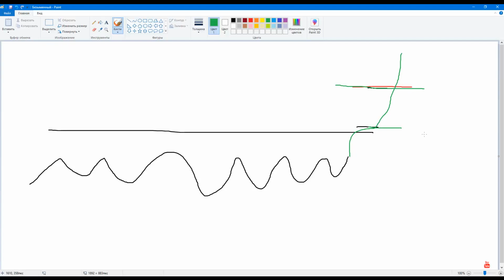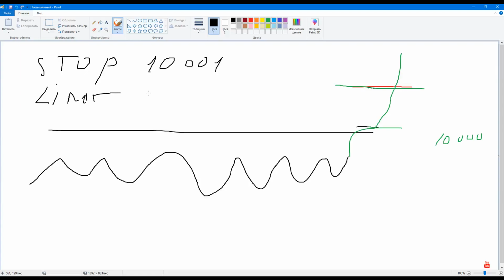So for example, 10,000 is our support, yes, you can create some stop limit where the stop will be 10,001 and the limit 10,050, for example.